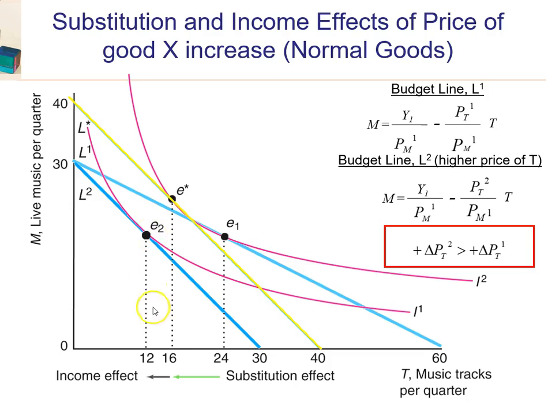The income effect is represented by moving from 16 to 12 units of X, or 4 fewer units of X. Add the substitution effect, 8 less X, plus the 4 less X from the income effect, and you get your total effect, a 12 unit reduction in good X due to this price increase. This is an analysis of income and substitution effects and the corresponding total effect due to a price increase of a normal good.